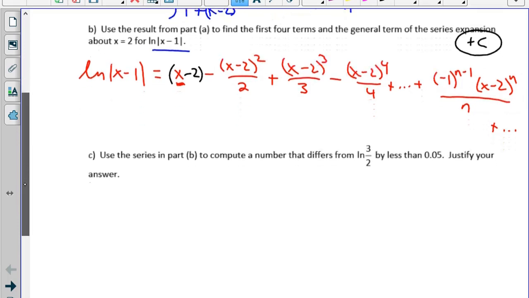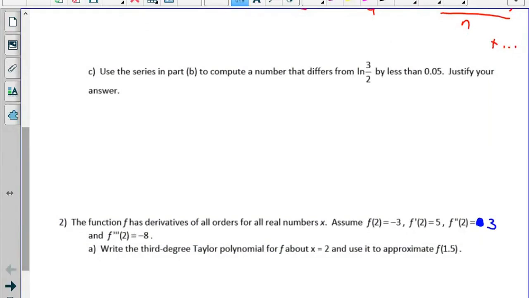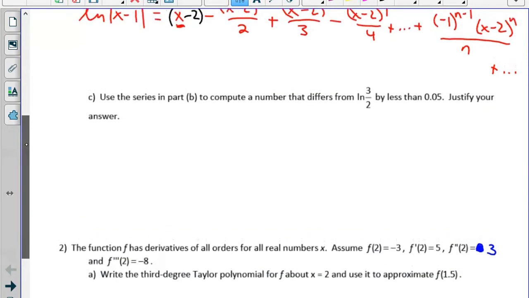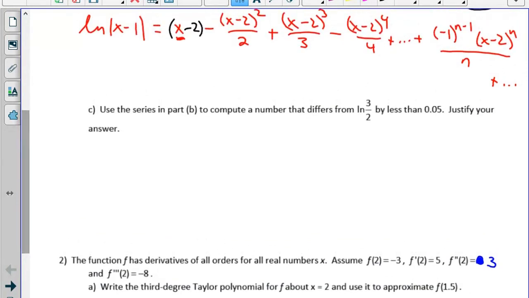Part C, use the series in part B to compute a number that differs from natural log of 3/2 by less than 0.05. So if I look at that, I'm going to notice that x is going to equal 5/2 or 2.5, because if I'm looking at the natural log of x minus 1 and I want the inside to be 3/2, I'll substitute 5/2 in.